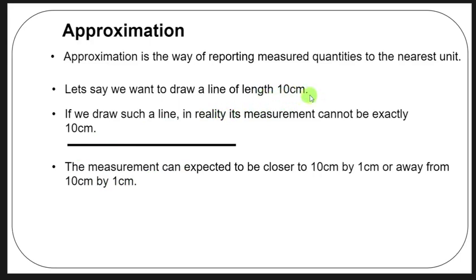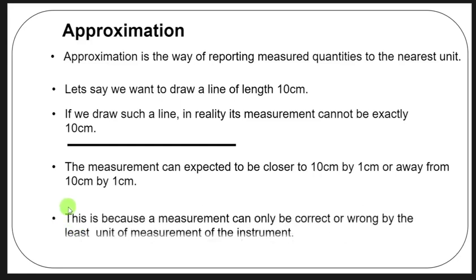So if a person measures or draws a line of length 10 centimeters, and they think they have made it 10 centimeters, then that value cannot really be believed, but it can be believed to be either closer to the actual 10 centimeters by 1 centimeter or away from the actual 10 centimeters by 1 centimeter.